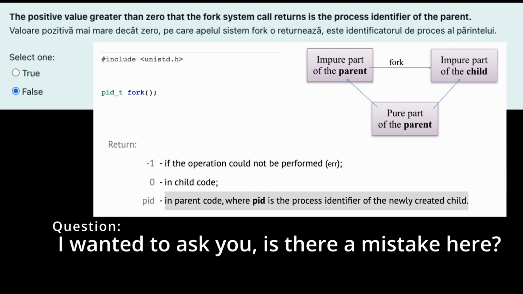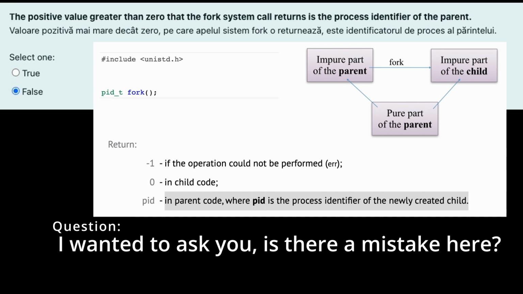And in the parent, the process which called this system call, it returns a value which is positive, greater than 0. And it is actually the process identifier, the PID of the newly created child.